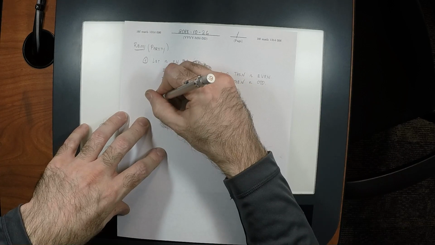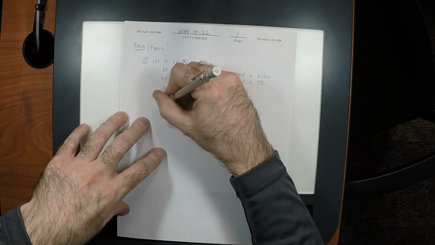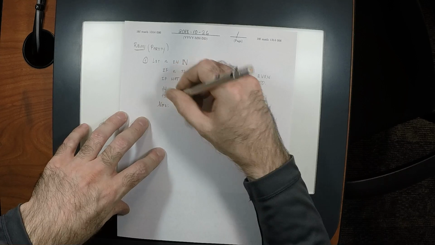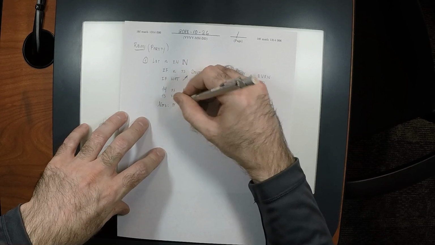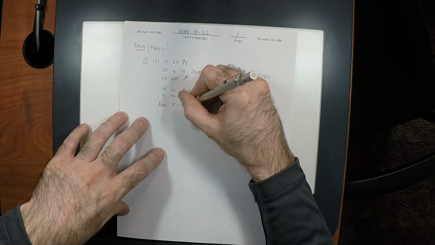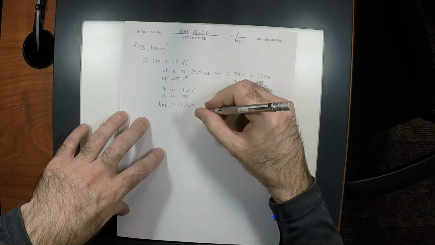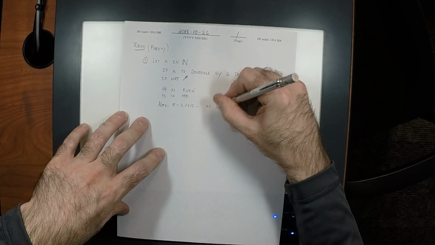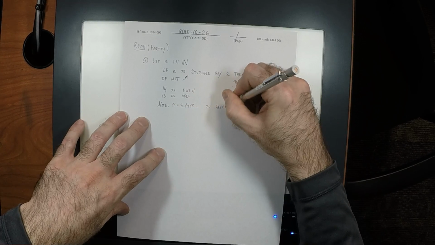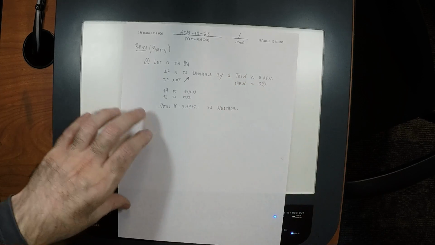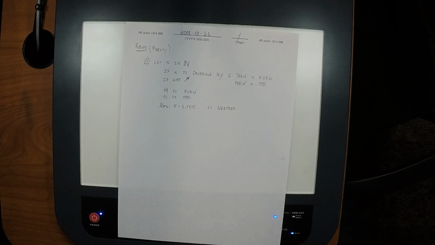So I want to say note that pi, meaning that number that starts with 3.1415, pi is neither. So if you ask the question, is pi even? The answer is no. And if you ask the question, is pi odd? The answer is no. It's not either one of those.